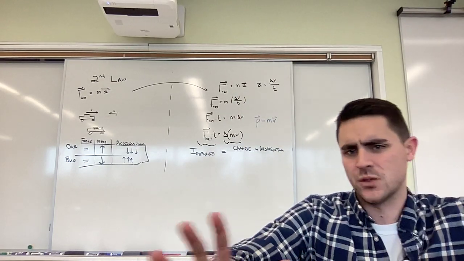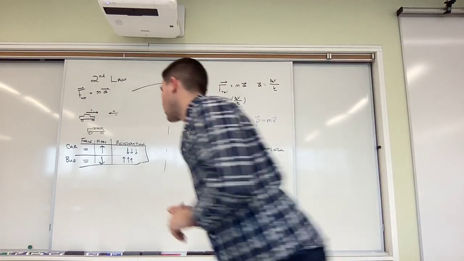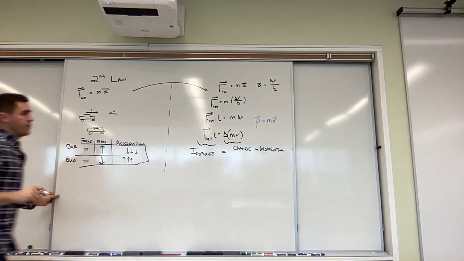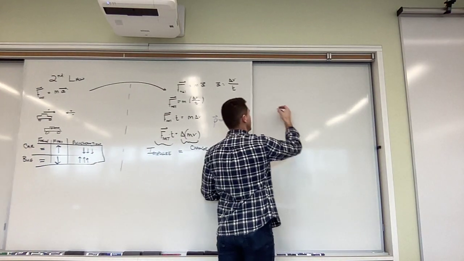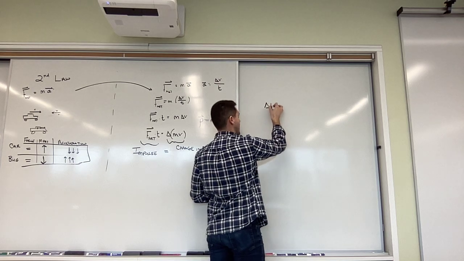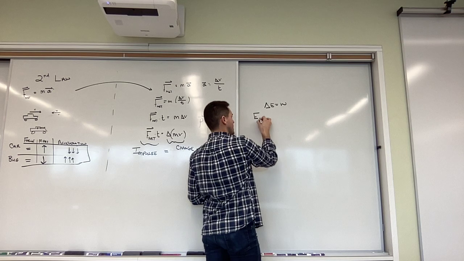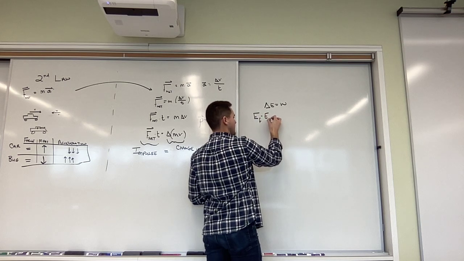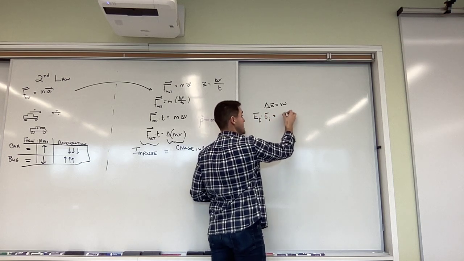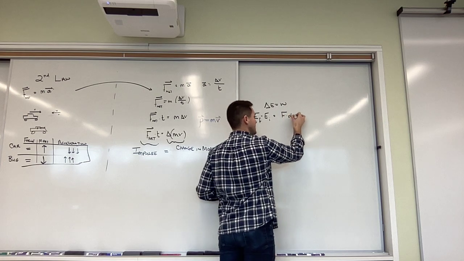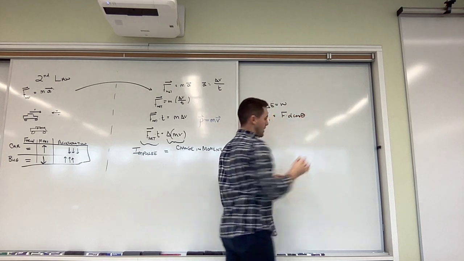And this is kind of confusing, but it shouldn't be, because we've seen this before. We've seen this before with work. Last unit we said a change in energy is equal to work. A change in energy, the final energy of a system minus the initial energy of a system, is equal to a force times distance times cosine theta.